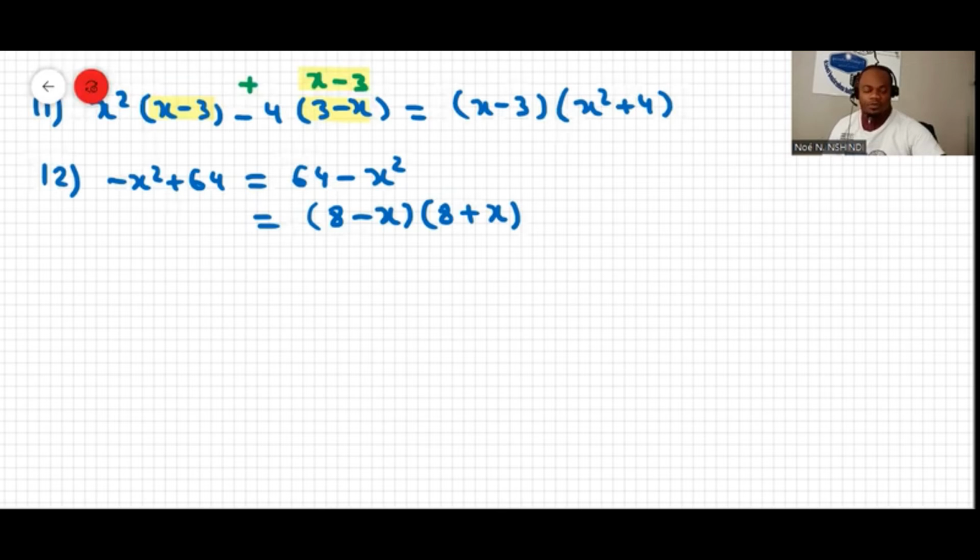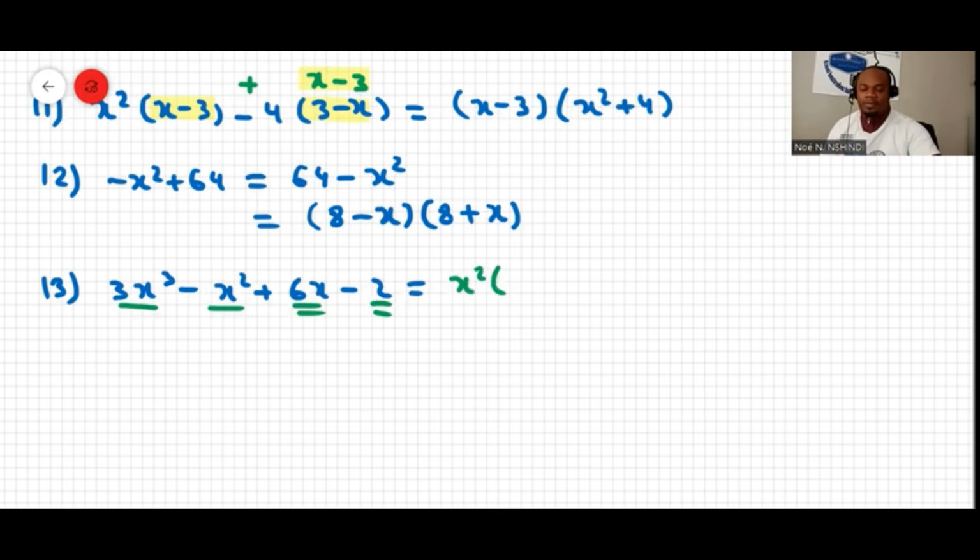Now we can do question 13. Question 13 was 3x cubed minus x squared plus 6x minus 2. Now to do that, there are 4 terms. Okay, I can factorize by grouping. I can take the first two, and the last two also. I'll group them like that. For the first two, I can take x squared for common factor.